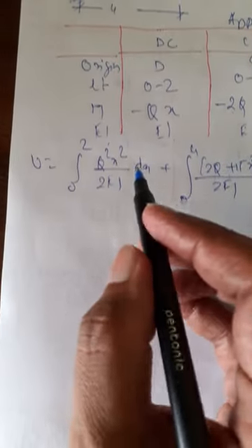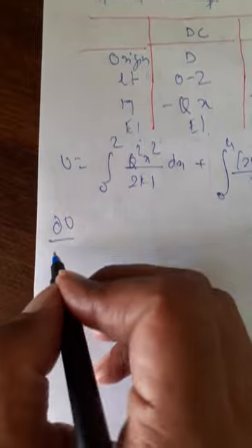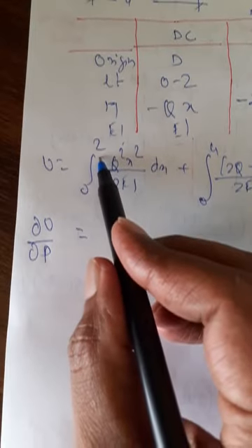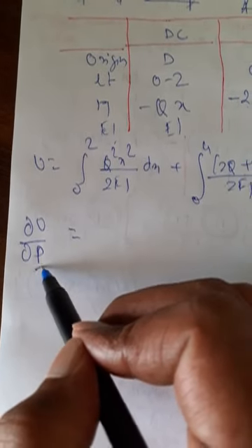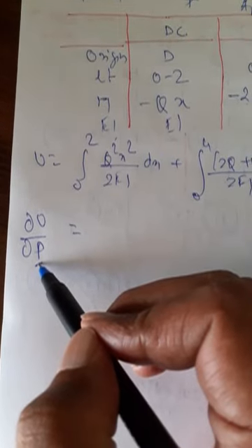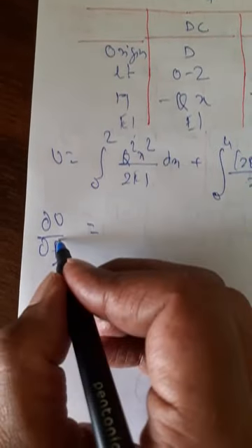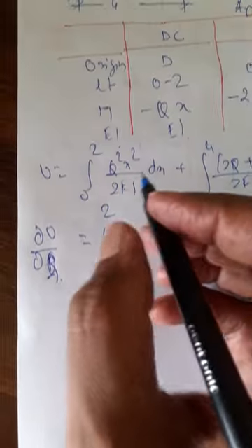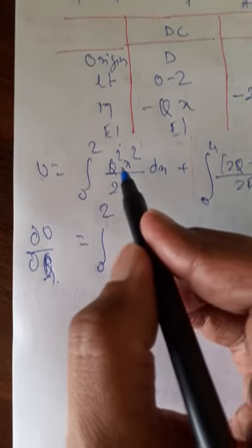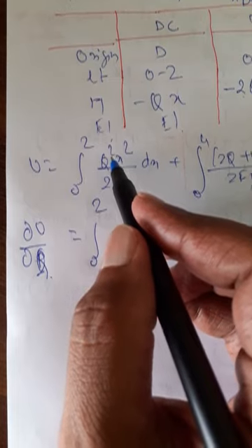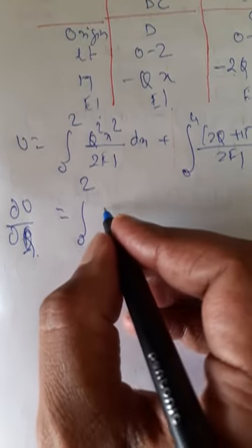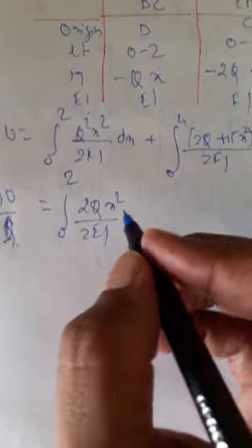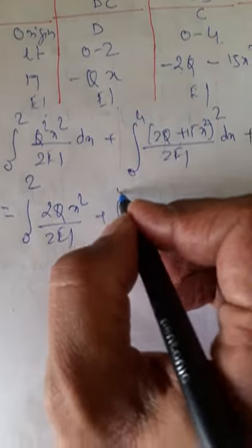Now go on differentiating the terms, dou U by dou Q. Partial differentiation means we keep the integration terms and differentiate only the terms which have Q. So here 0 to 2, differentiation of Q square gives 2Q into x square by 2EI, plus 0 to 4.